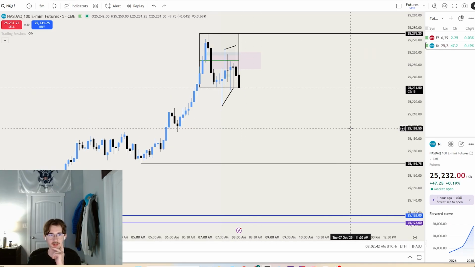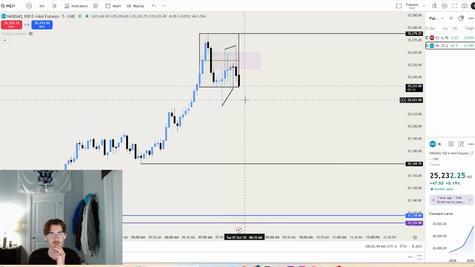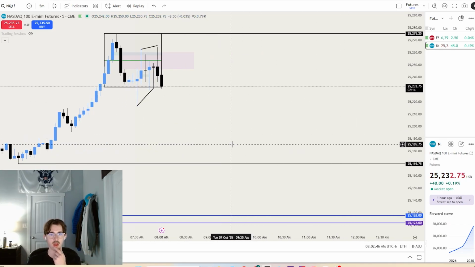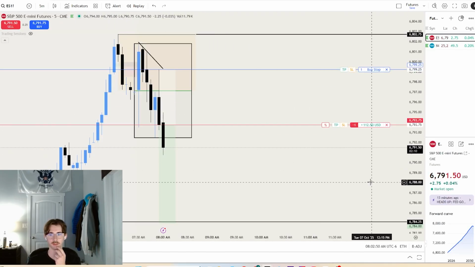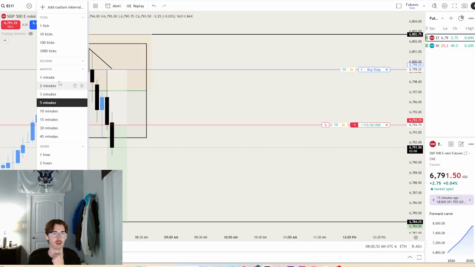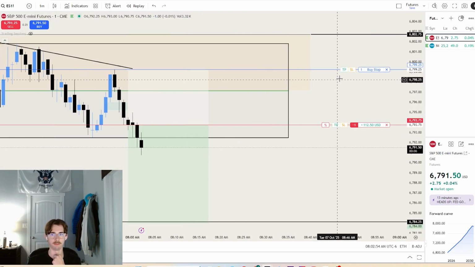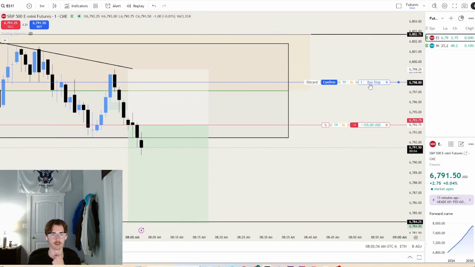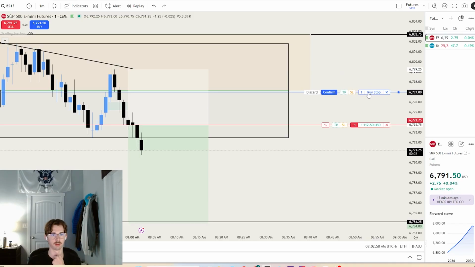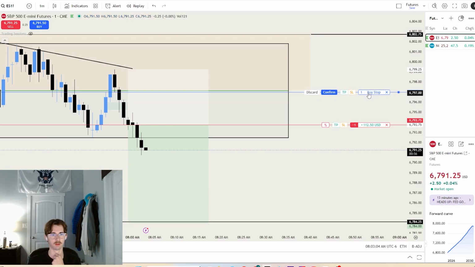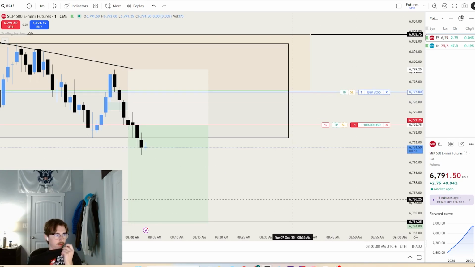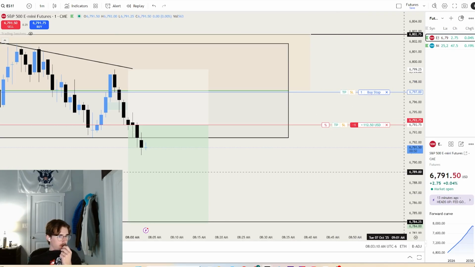I really want to see this candle on NQ start to really print, because we're kind of just hanging out right now. At the very least, I'm gonna protect my stop a little more.